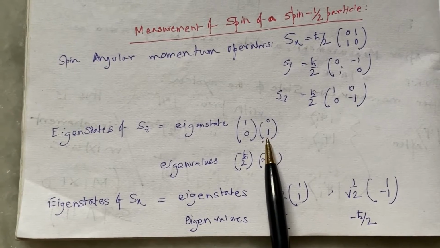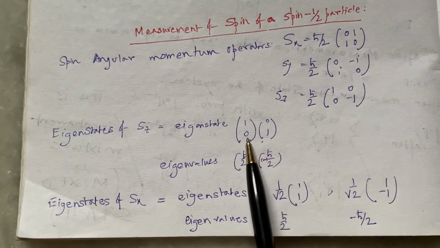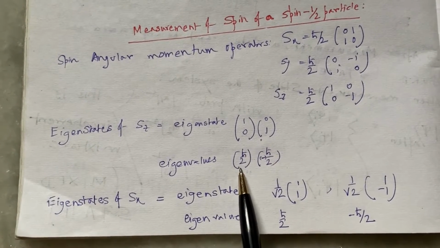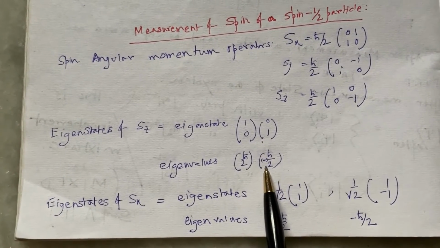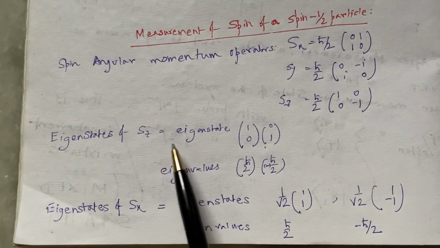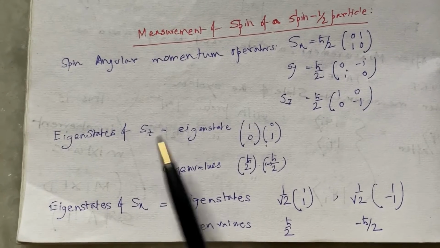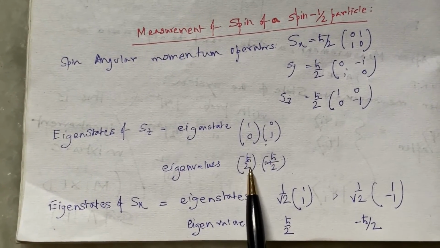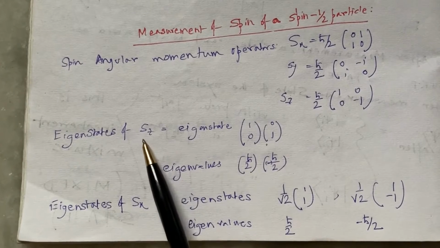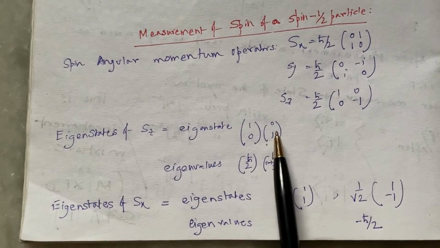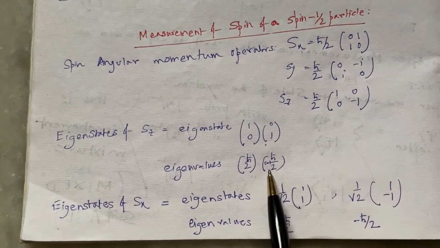This is the spin down state in the z direction. This state corresponds to eigenvalue h cross by 2. This state corresponds to eigenvalue minus h cross by 2. So if we measure the expectation value of Sz in (1, 0), I will get h cross by 2. And if we measure the expectation value of the z component of the spin in (0, 1), I will get minus h cross by 2.